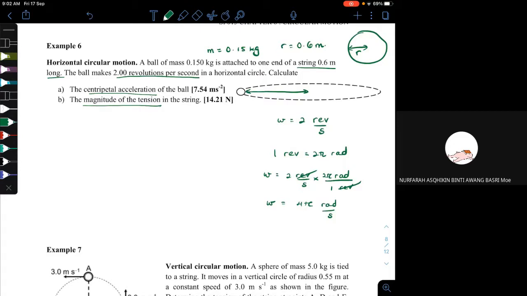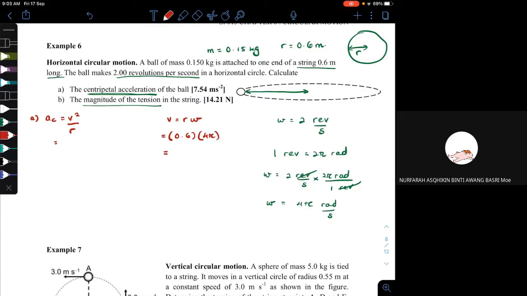Then the question asks for centripetal acceleration. We know that a_c is v squared over r. But we don't have v, so we use the formula from before: v equals r omega. Your radius is 0.6, omega is 4 pi.